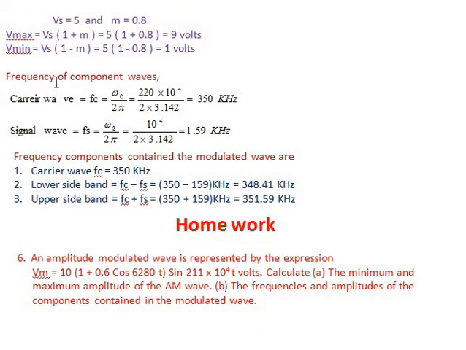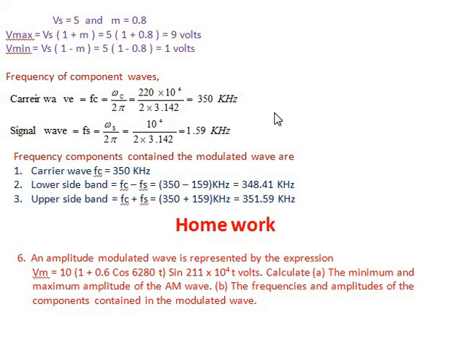Now the frequency components of the wave. The carrier frequency Fc is equal to omega c divided by 2 pi, because omega is equal to 2 pi f, that relation we used. We have to find Fc here. So therefore Fc is equal to omega c divided by 2 pi. It is equal to 220 into 10 raised to 4 divided by 2 into 3.142, that is equal to 350 kilohertz.